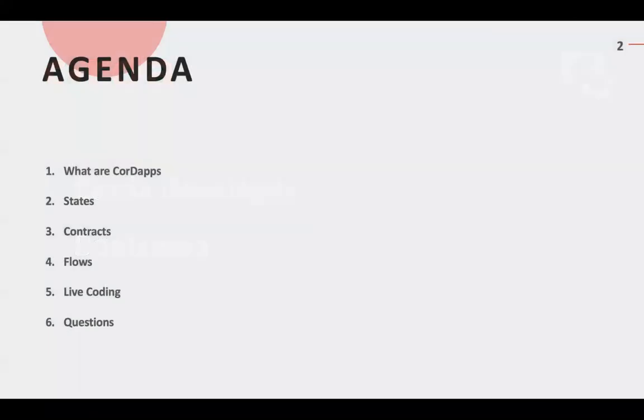As far as a loose agenda for today, we're going to go through a couple of things, what CorDapps are, and then we'll talk about those three critical abstractions: states, contracts, and flows. I'm actually going to build an app live with you. That sounds more impressive than it is. Certainly it's an app I've written before, but we're going to do a basic token CorDapp and try to just demonstrate how this looks in practice after we go over those abstractions.